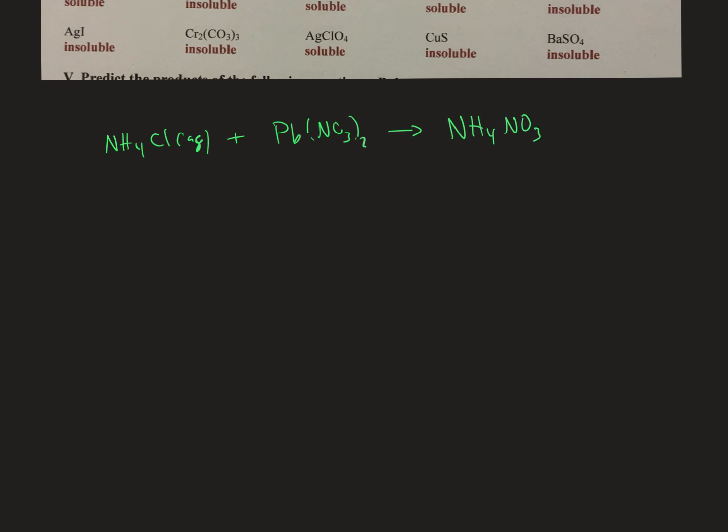What else? Is that the formula PbCl? PbCl2, because this is a 1 minus, there are 2 of them. -2, +2. This is a 2 plus ion. You with me? So we still have to know that, guys.